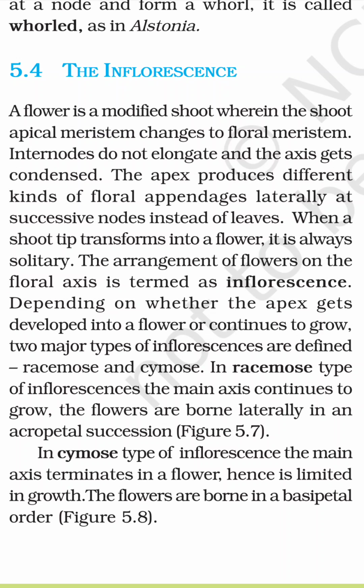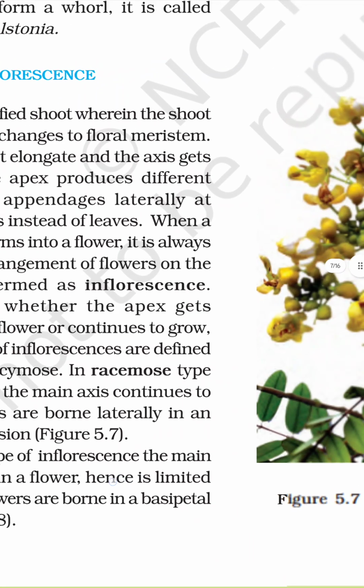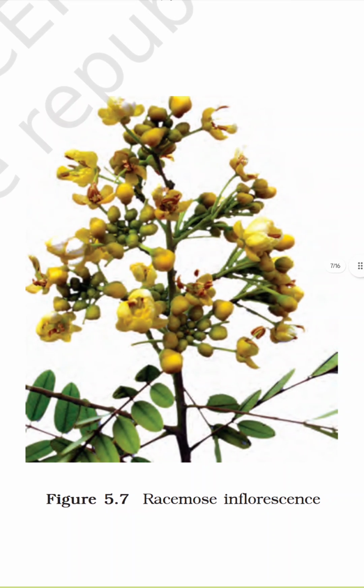In cymose inflorescence, the main axis terminates in a flower, hence it is limited in growth. The flowers are in basipetal order. Basipetal means the flowers are born at the base first. Acropetal means the flowers grow on the upper side. You can see here, this is a racemose inflorescence.